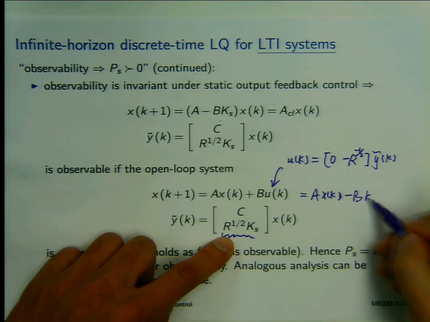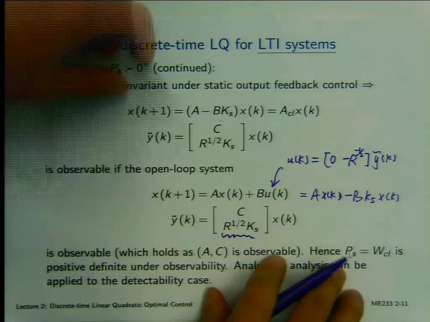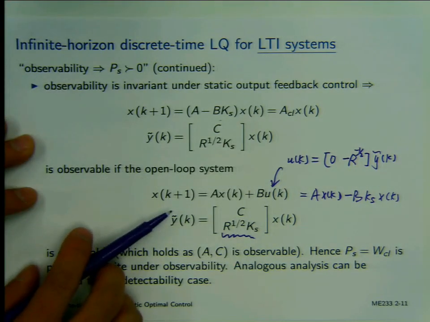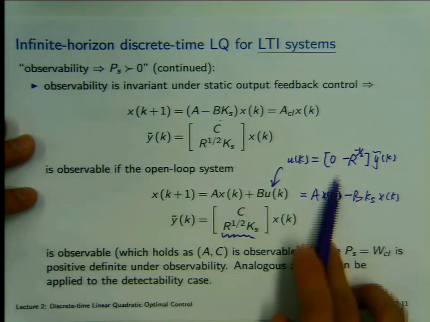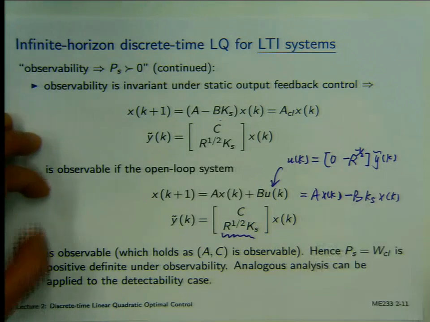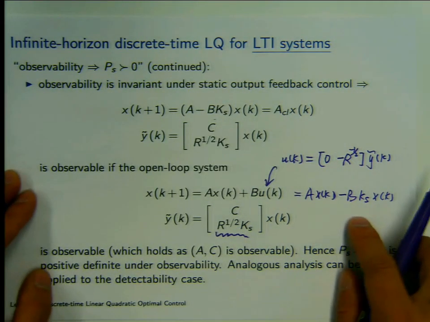So it's going to be K_s x_k. So you see, this system is nothing but this open loop system controlled under a static output feedback law, right? You can do this again and again. Look at this long enough, you will buy this.